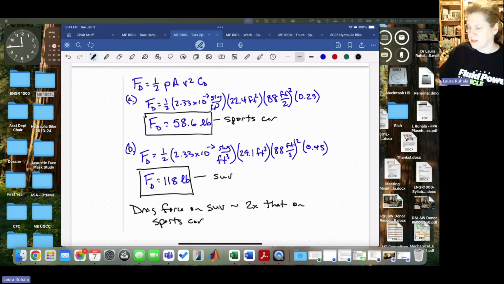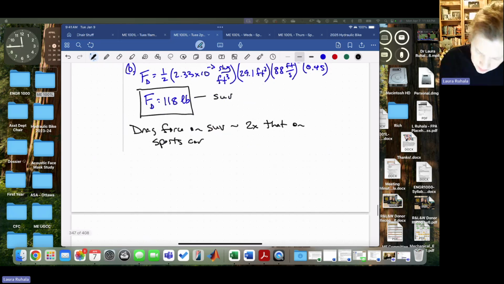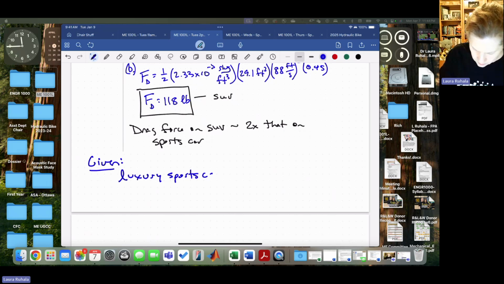All right, so let's think again about what it's asking us. I'm going to start the problem now. We're given that luxury sports car and SUV on problem 6.31.